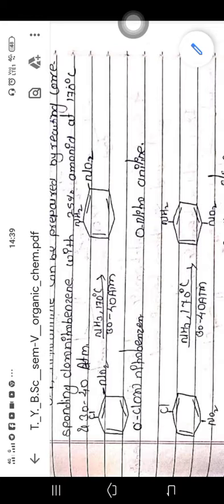Substitution reactions are easily possible with halogen atoms like chlorine. That is, NH3 replaces the Cl atom at the ortho position.